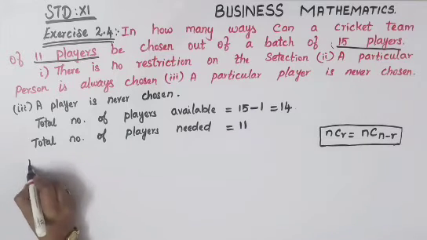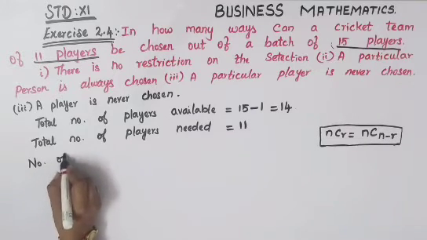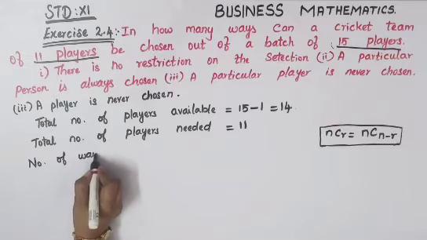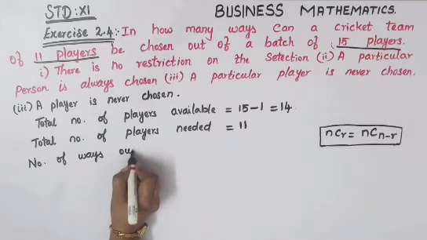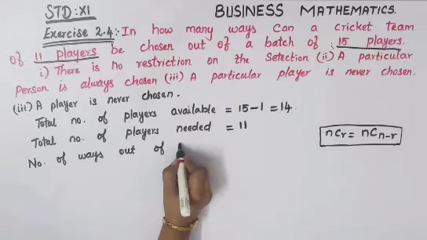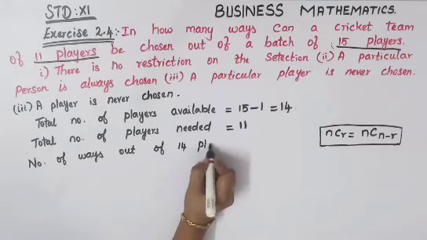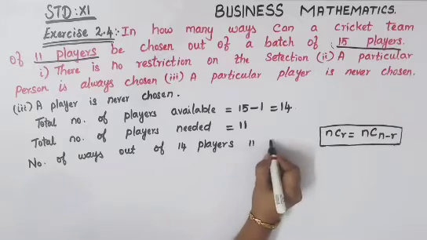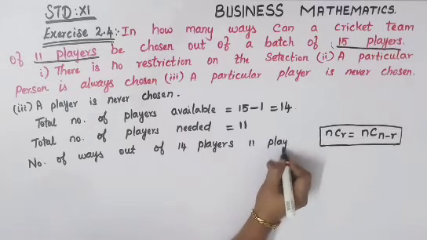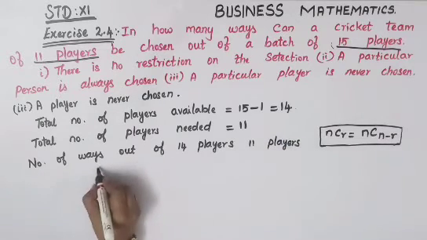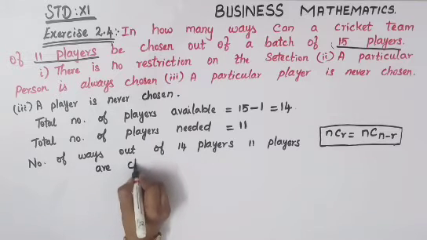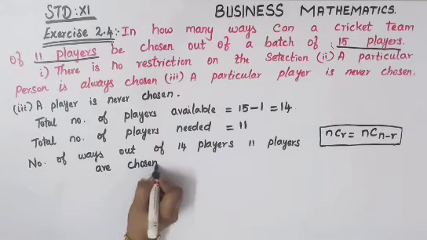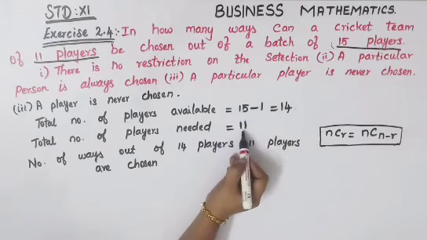So the next is number of ways out of 14 players, 11 players are chosen. So from these 14 players we need 11 players.